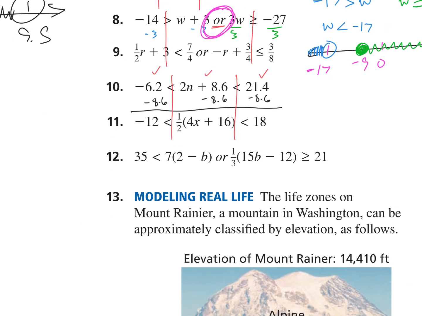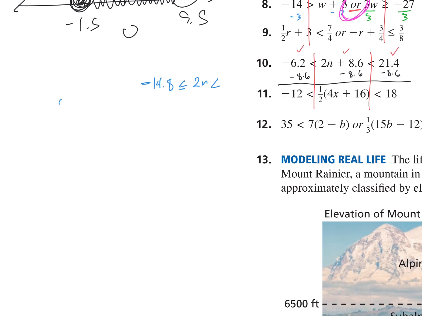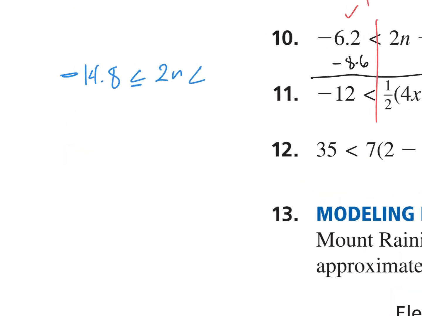I'm going to jump to our left to kind of do our computation here. -6.2 minus 8.6, that would be -14.8 is less than or equal to 2n, which is less than, let's see. All right, I gotta break out the arithmetic here. 8.6, we're subtracting, right? So this is 20, that's 14, that's 8. All right, 12.8, there we go.